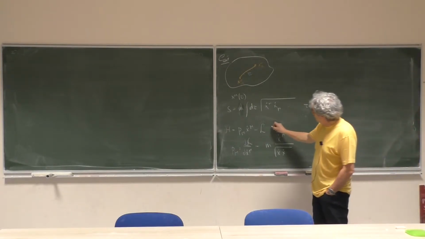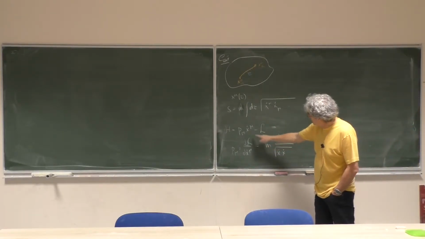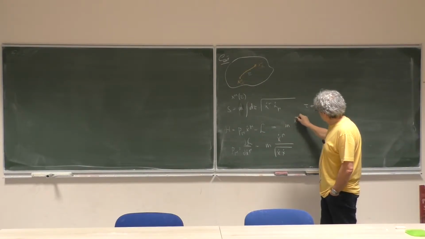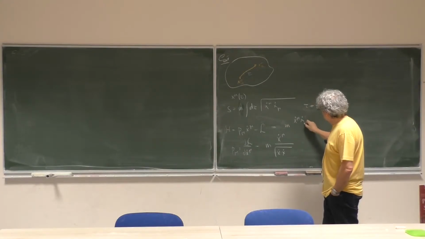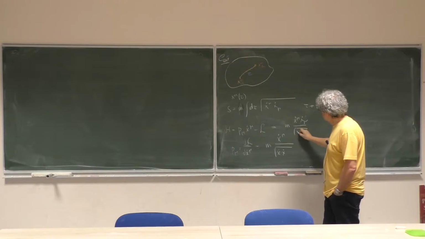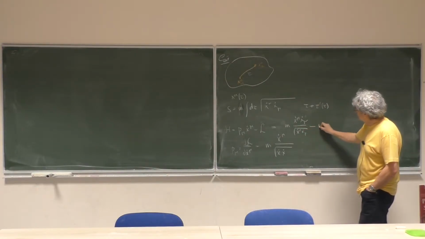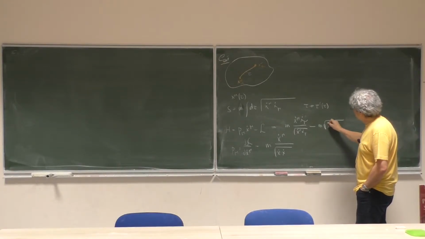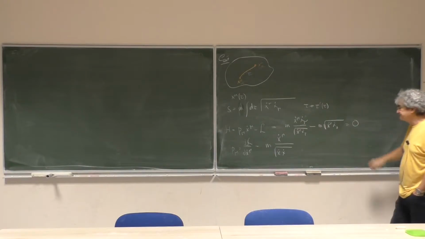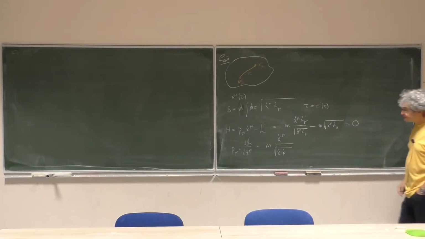So if I use this, I get m x dot square over square root of x dot mu x dot mu, minus the Lagrangian, which is m times the square root, exactly the same thing. So this is equal to that. This is 0. So the Hamiltonian is 0.